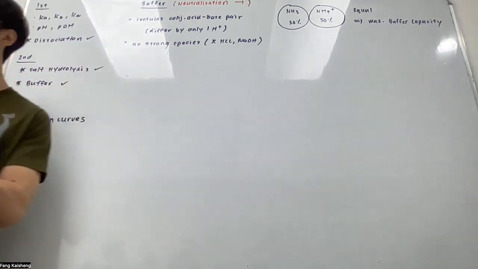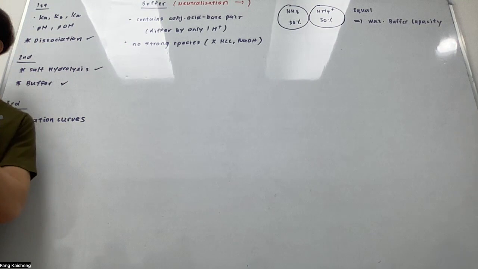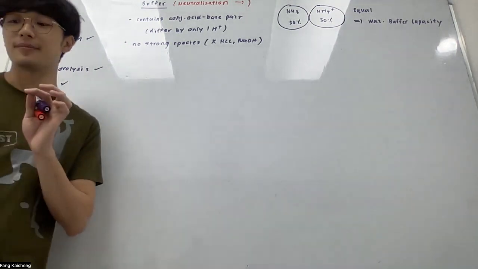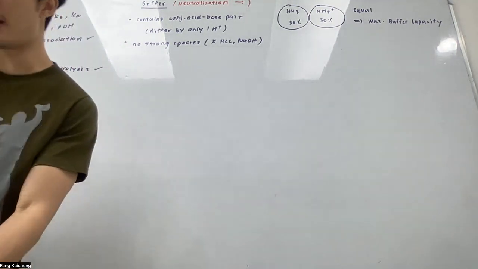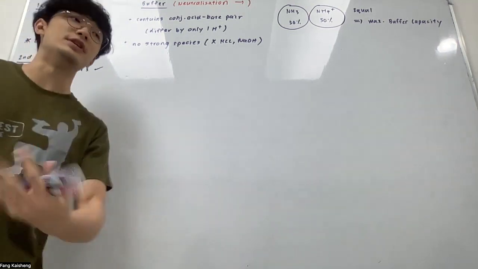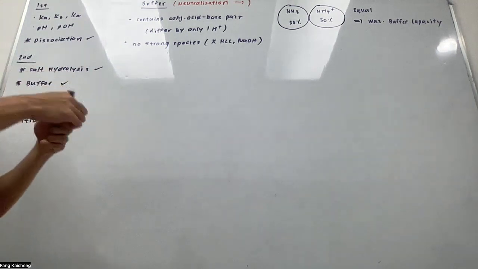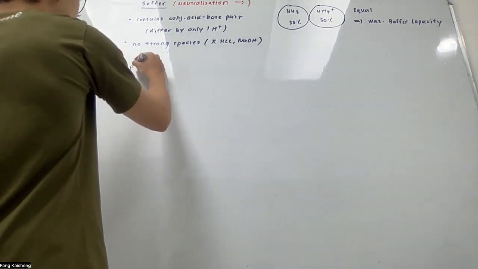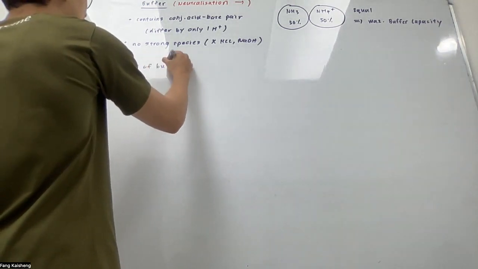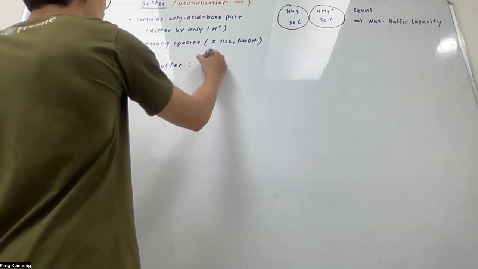Okay, look at this question. They are saying that you need to choose one of these acids. One of these acids can create a buffer at pH 4.25. So the pH of the buffer that I desire right now is 4.25.